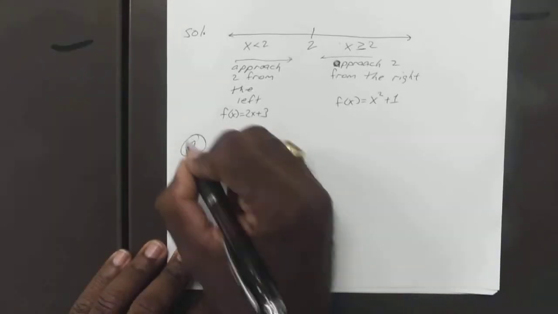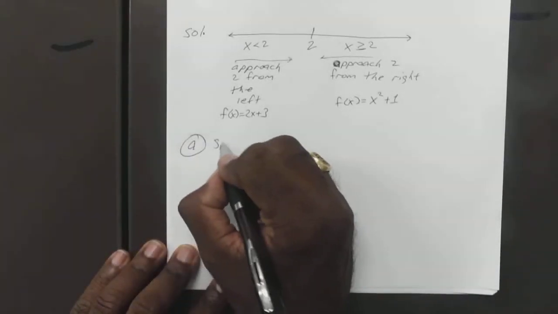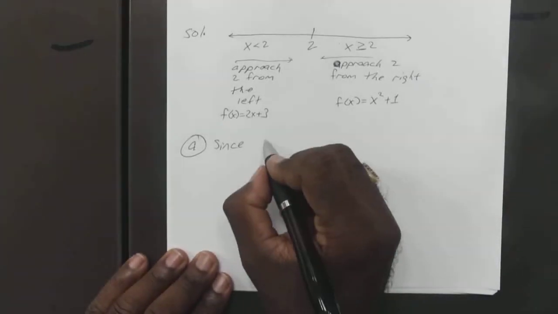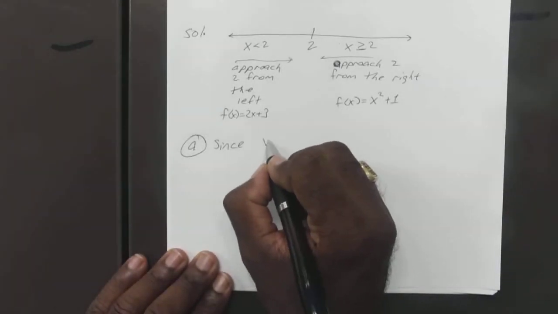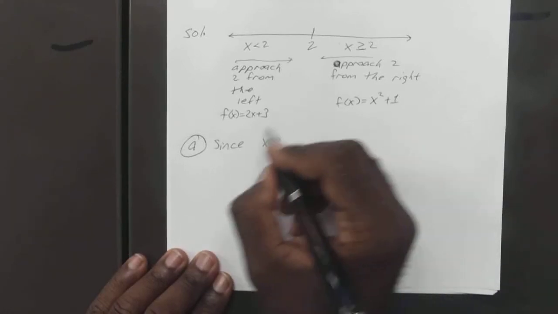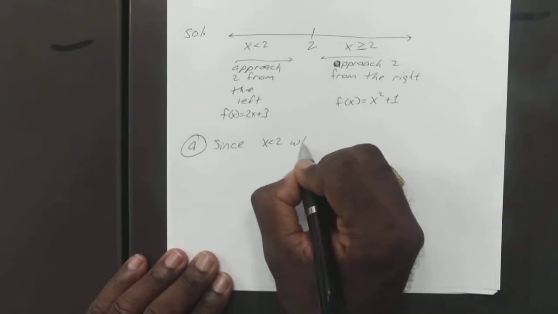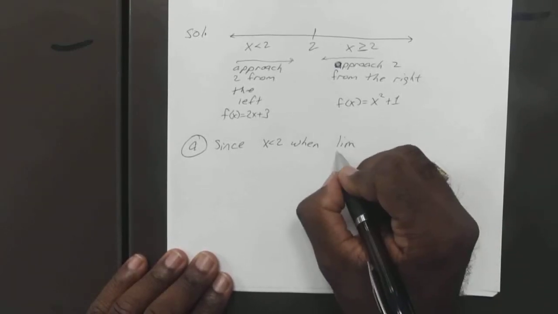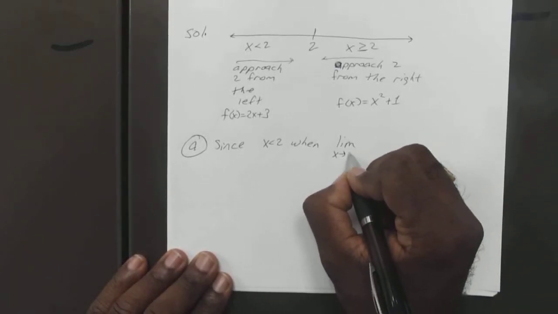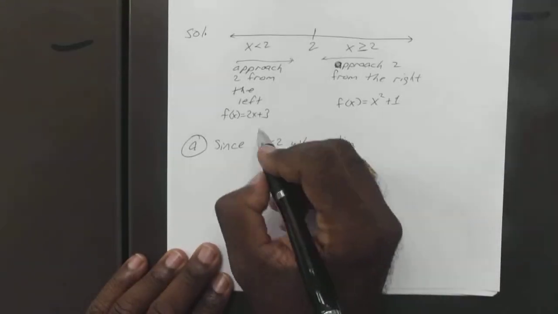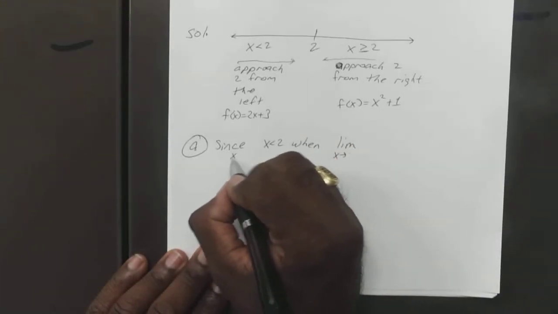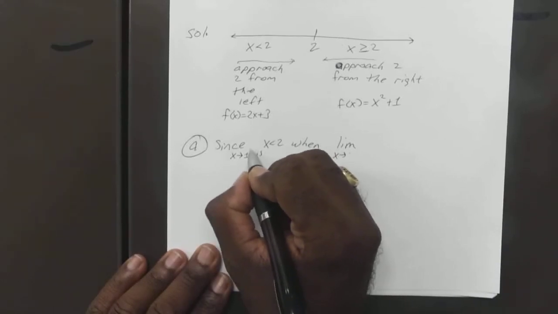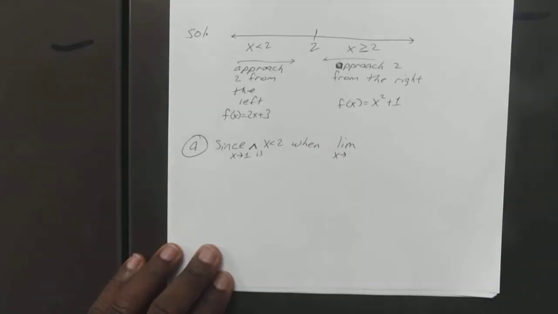Okay, so for A, you pretty much just plug in the 1 for the x. Since x is less than 2, when the limit as x approaches 1, 1 is less than 2. So that should go right there.